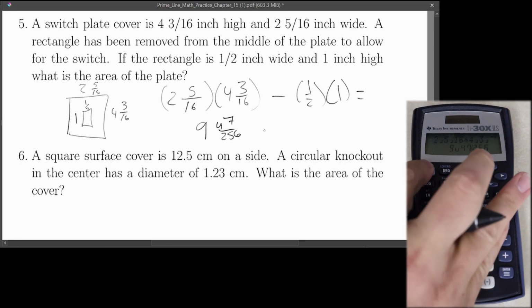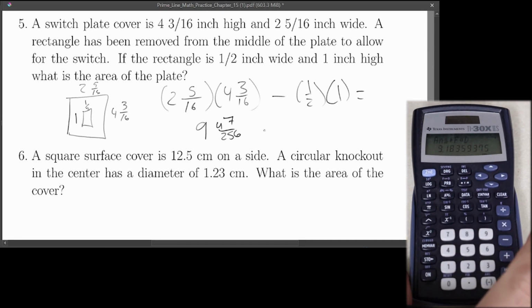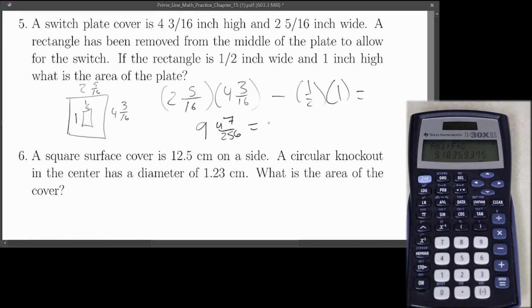And if we convert that to a decimal, that is equivalent to 9.18359375, and that is inches squared.